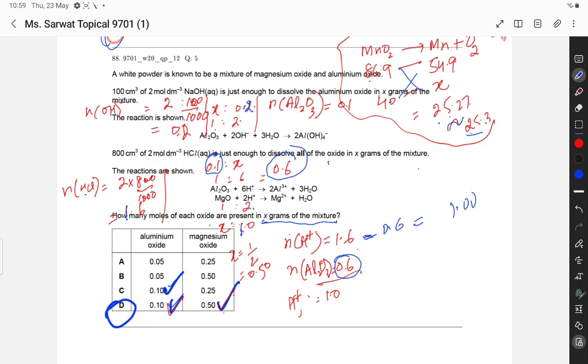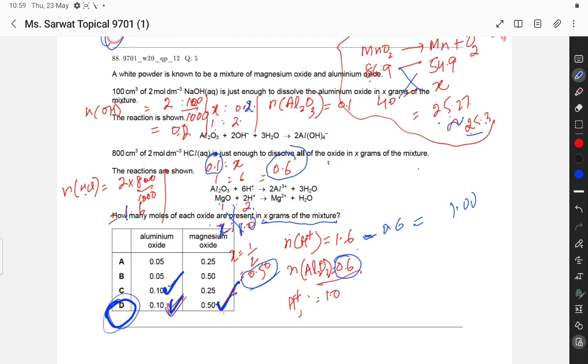So 1:2: if 1 mole of acid is there in the mixture, by using the mole ratio, we get the mole of magnesium oxide is 0.50. So this option is correct. So D option is correct.